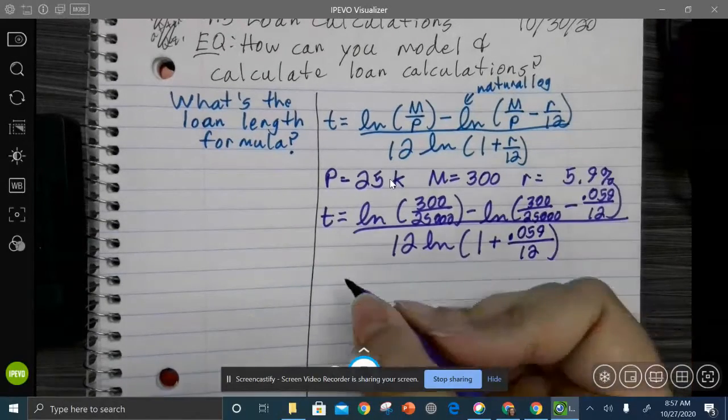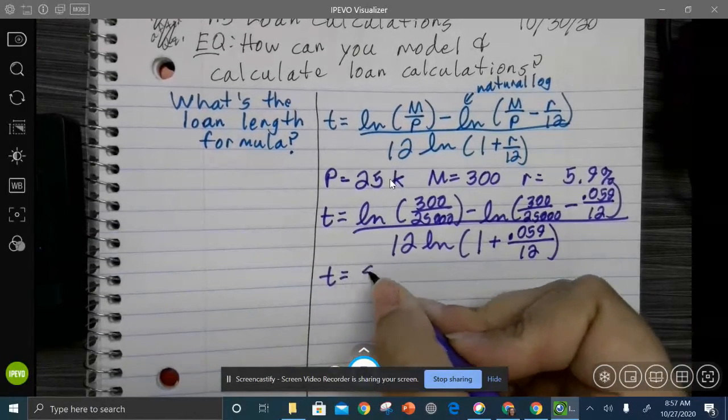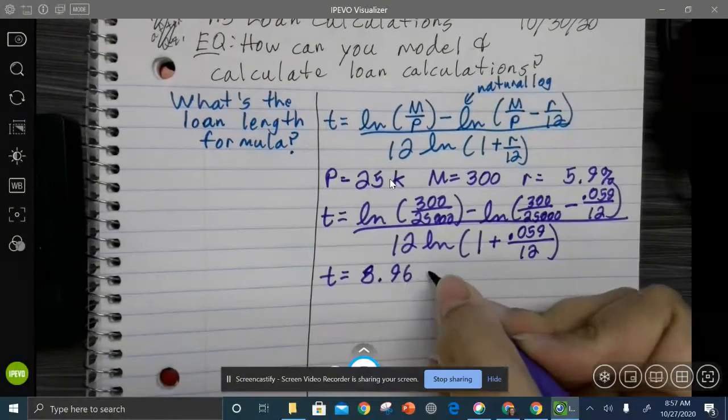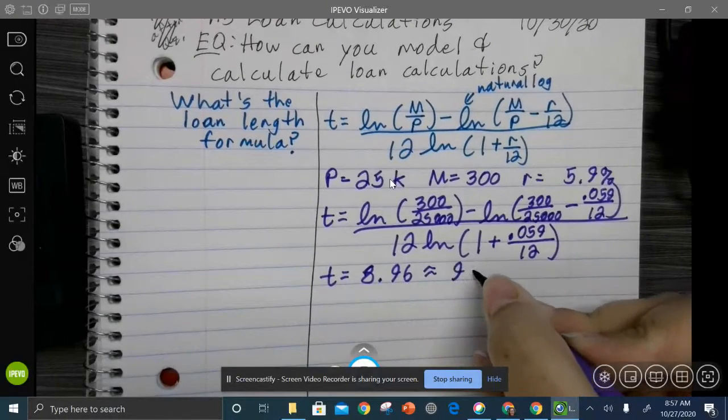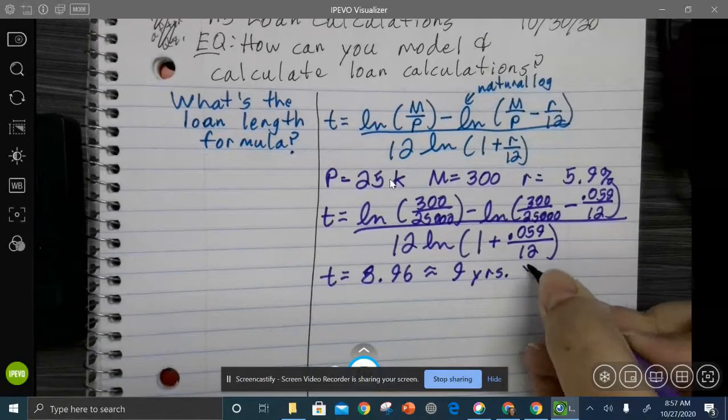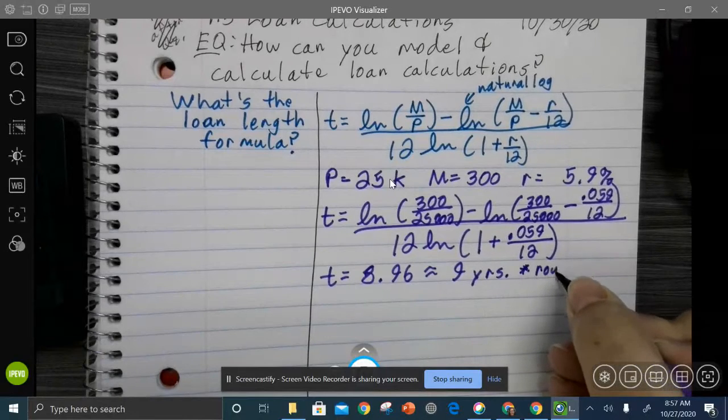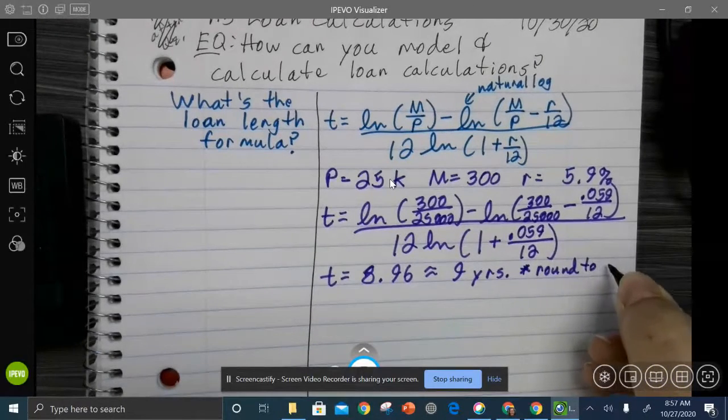Okay, so we get time is equal to 8.69. So we're going to round that up to 9 years. Okay, so for time, round to the tenths.